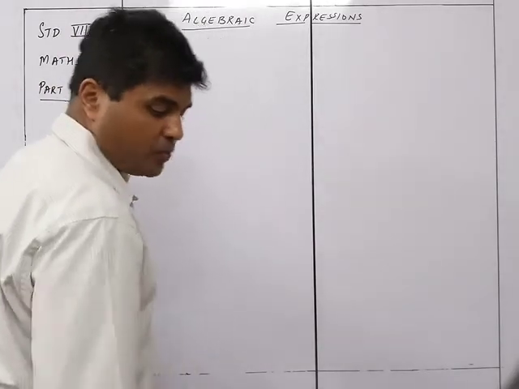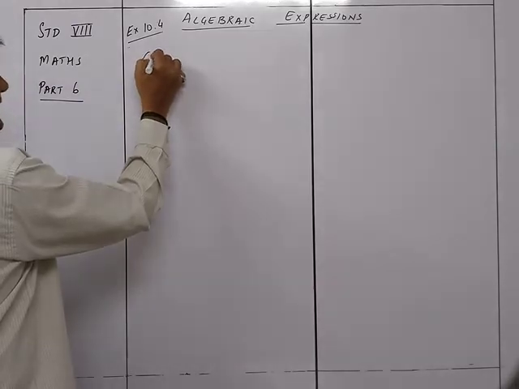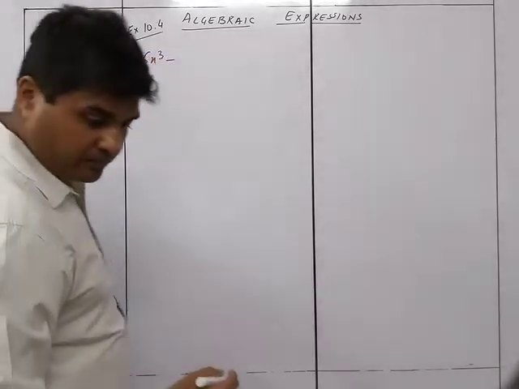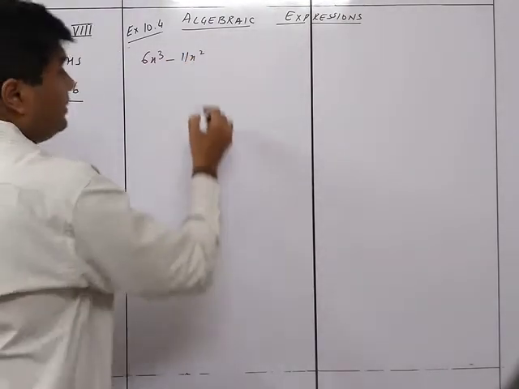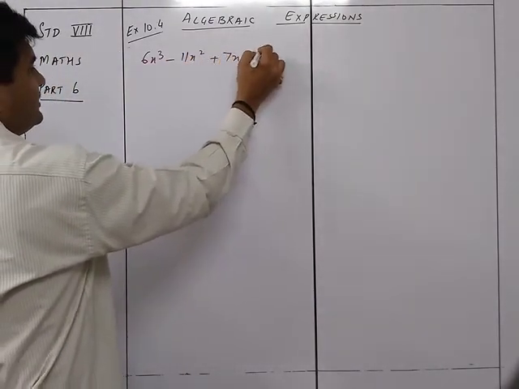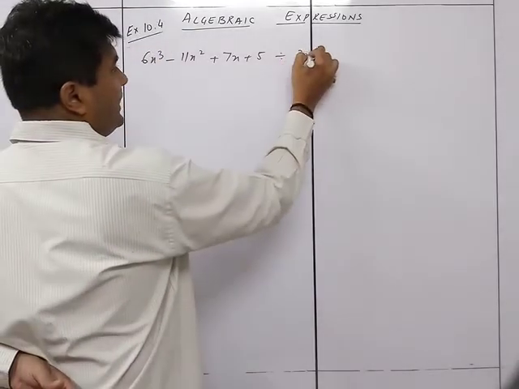So let's take a sum over here. We have got the sum 6x cube minus 11x square plus 7x plus 5 divided by 2x minus 3.